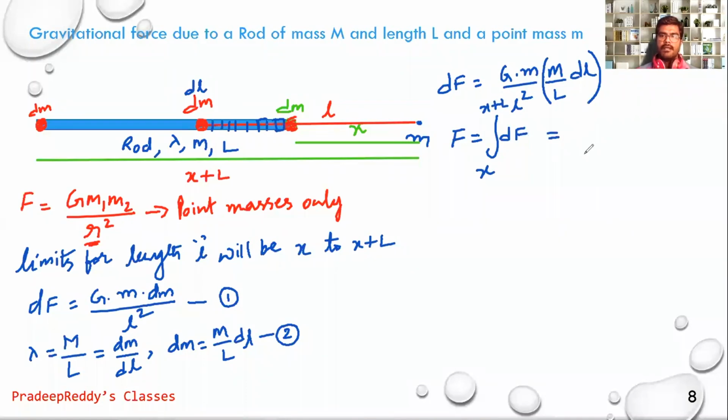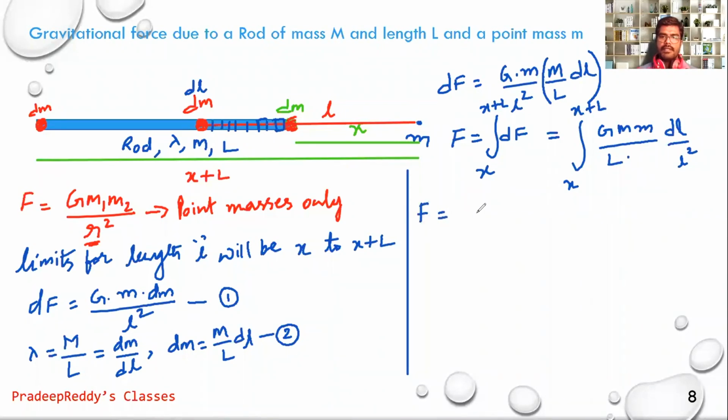This is equal to the integration from x to x plus capital L of capital G, capital M, small m divided by capital L into dl divided by l square. Okay, these all are constants. You can just bring them out. So F can be written as F is equal to capital G, capital M, small m divided by capital L, integration dl divided by l square.